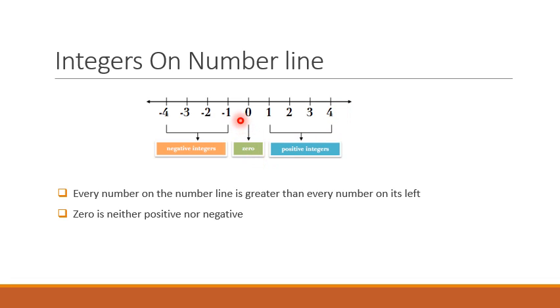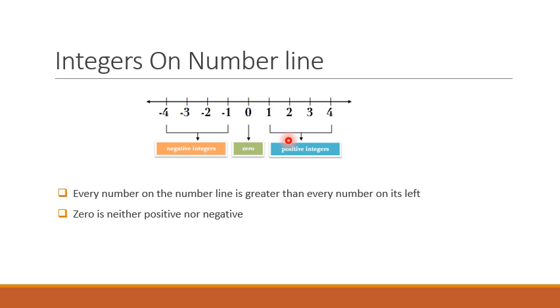Then at the center of this line, we mark 0. Towards the right of this 0, we write the positive integers, that is 1, 2, 3, 4, and so on. And on the left side of the 0, we write the negative integers, minus 1, minus 2, minus 3, minus 4, and so on. So on a number line, we represent 0 at the center.